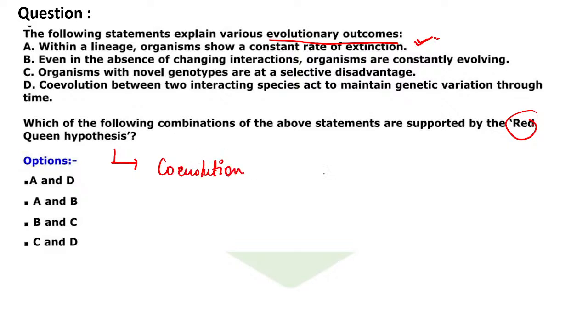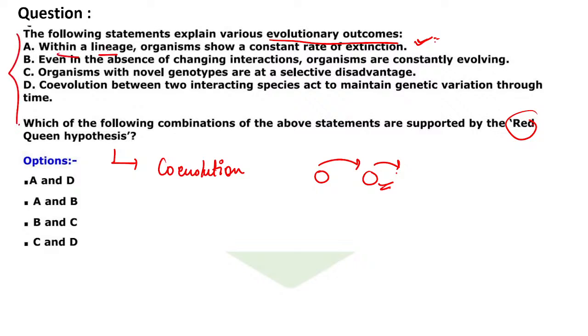That is, when one species changes, the other species also changes itself. It asks you to find the combination of statements in which the Red Queen hypothesis is easily explained. Try the question, everyone.